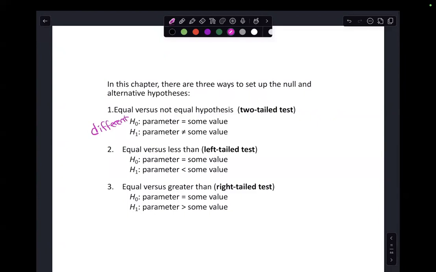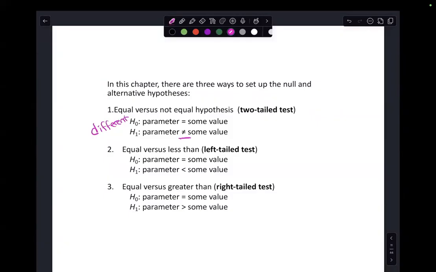If it is a two-tailed test, we will see the word different. Our null hypothesis is always equal. Notice how on all of these, my null hypothesis says equal, every single one of them. My alternative hypothesis with a two-tailed test will say not equal to.